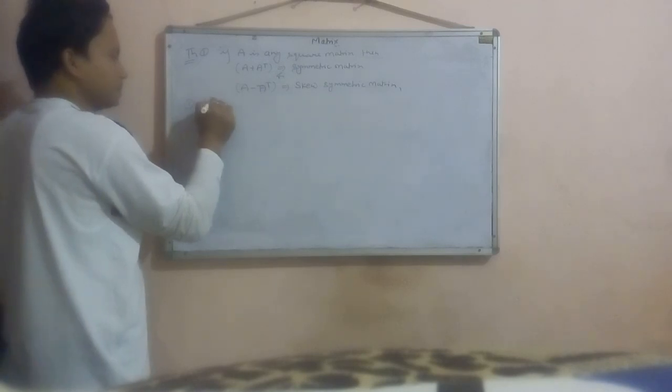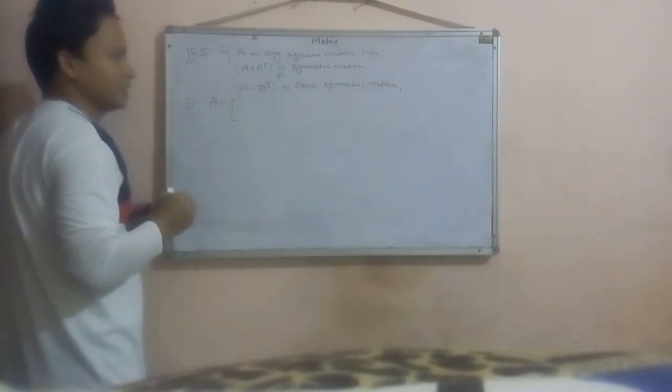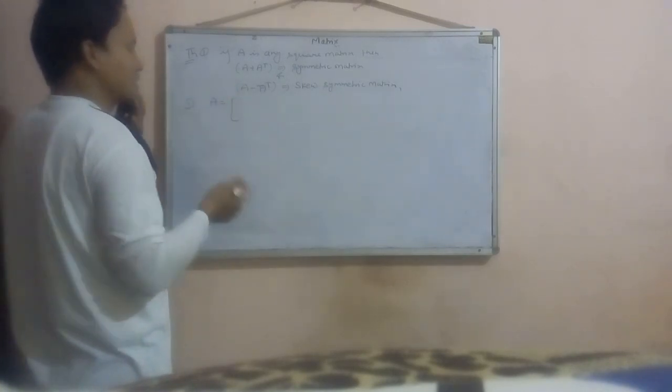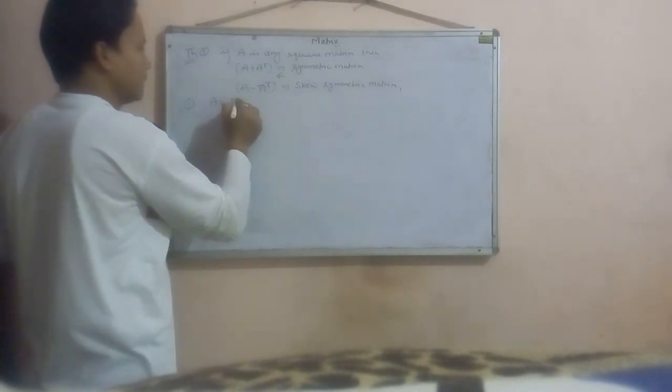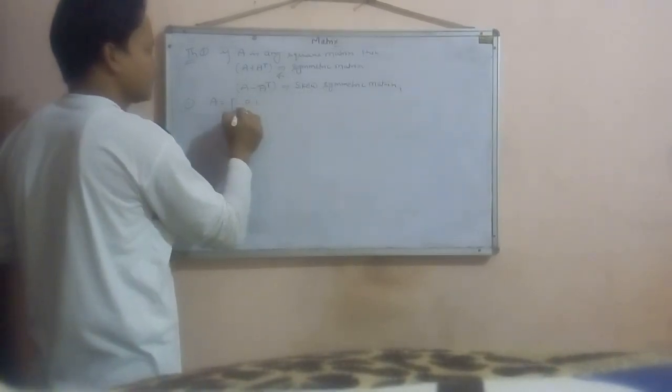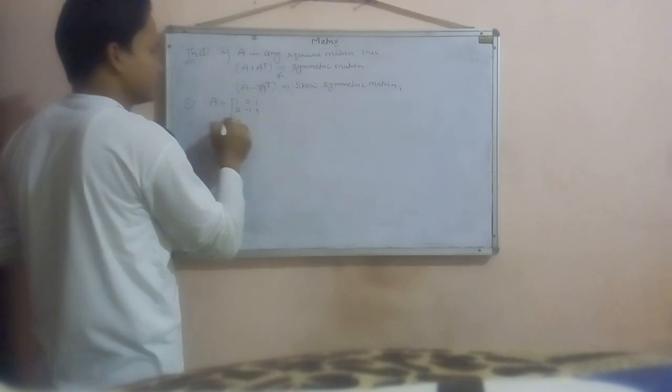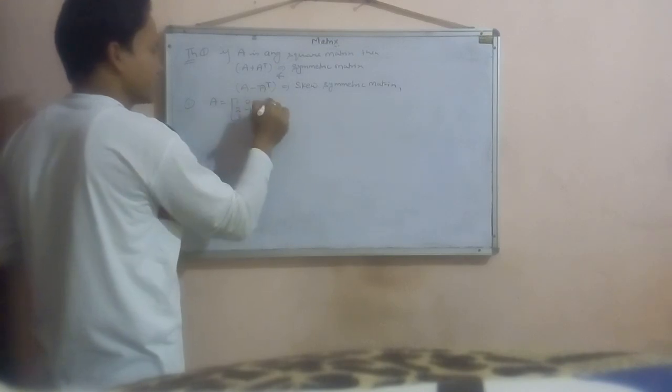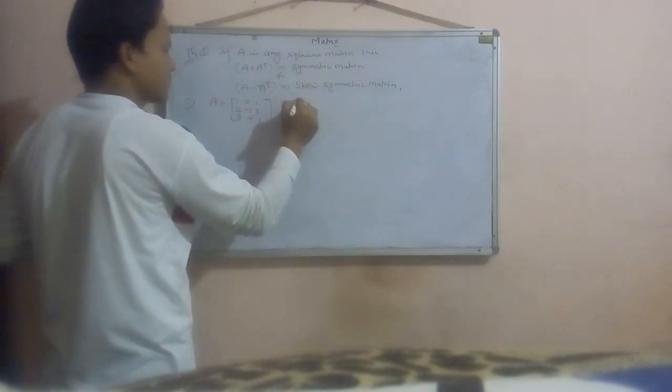Have a look. Let A be any square matrix. You can take any square matrix, just like 1, 0, 1, 2, minus 1, 3, 3, 0, 1. So what will be the transpose?